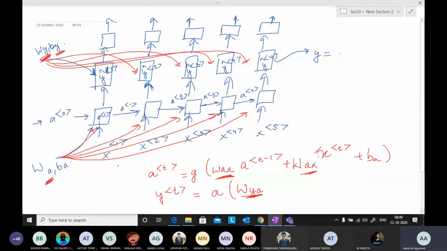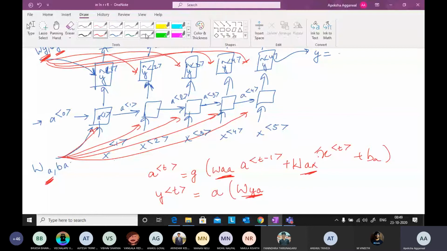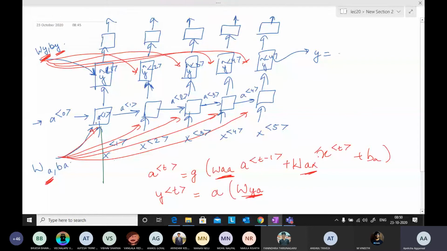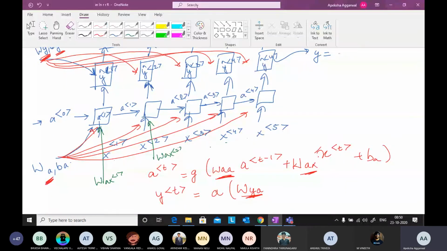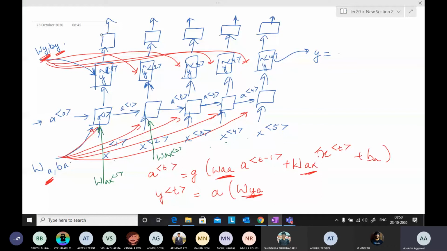This WAX is over here with each and every X. This is WAX, this is also WAX along with X. This is X1, this is X2, and so on, plus WYA plus BY.